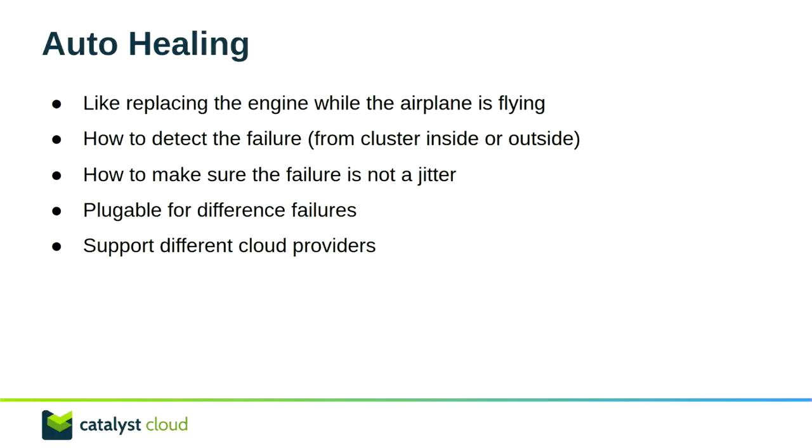Another thing we think about is a plug-in mechanism for the different failures. And as I mentioned, we support different cloud providers. Even though currently we only support OpenStack Magnum, you can easily add a driver for EKS or AKS.